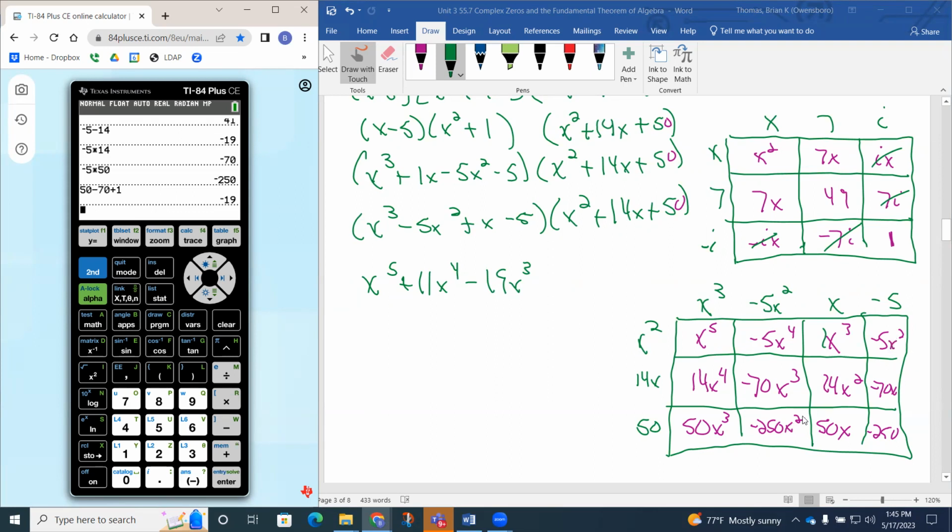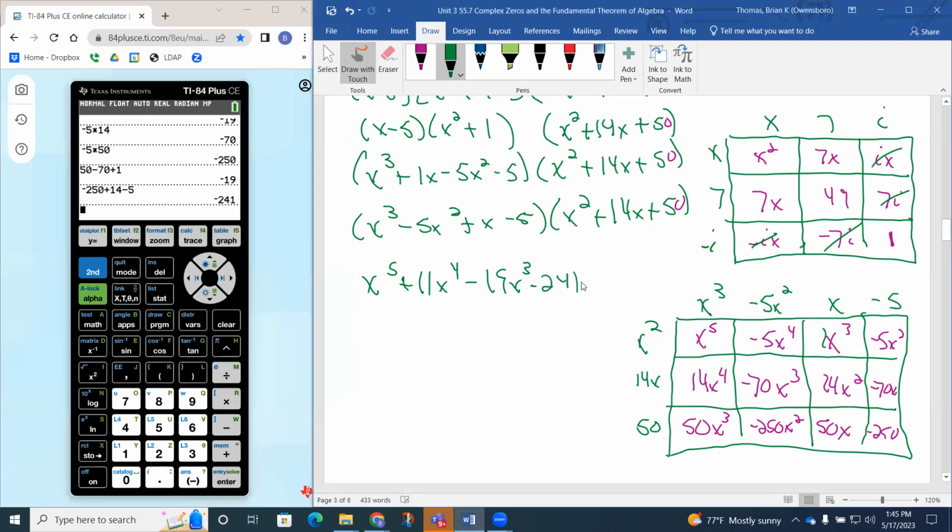Then we have negative 250, plus 14, minus the 5, which is negative 241x squared. And then negative 70x and 50x would be negative 20x. And then the minus the 250.